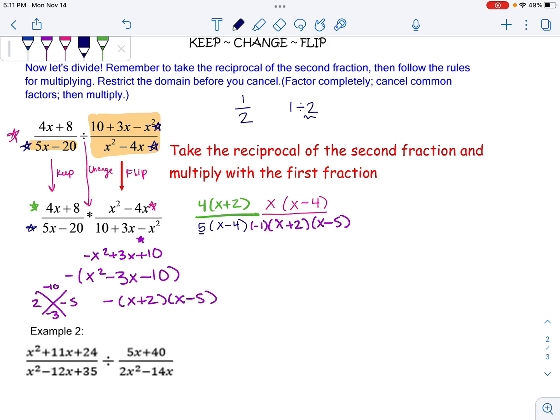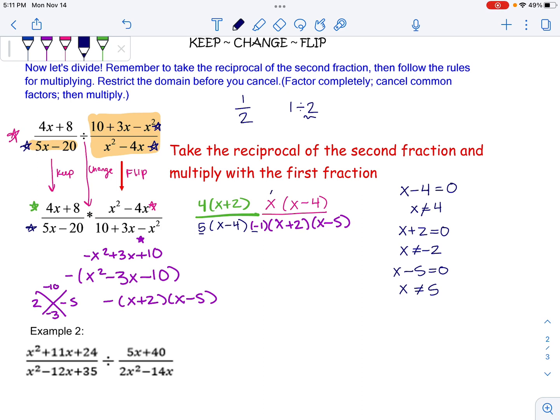The x minus 4, that one could equal 0 if I plug in a 4, so we're going to say x cannot equal 4. The negative 1, again, it doesn't have an x, so I don't have to worry about it. The x plus 2, so that equals 0. X cannot equal negative 2. The x minus 5, so x cannot equal 5.